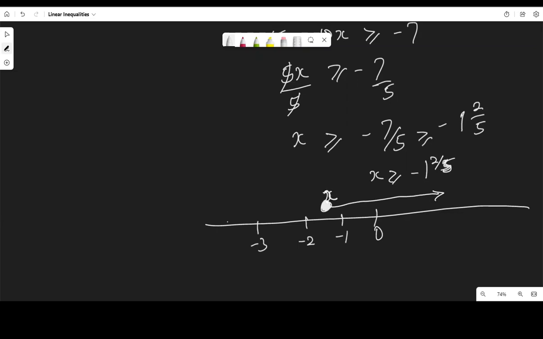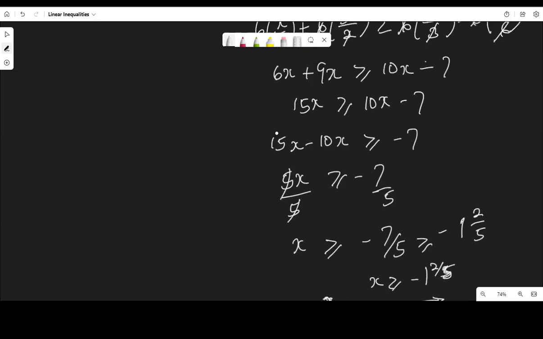So we put a mark here. This is the range of values that satisfies that inequality, from negative 1 whole number 2 over 5 to positive infinity. We put an arrow there to show that the numbers continue indefinitely.